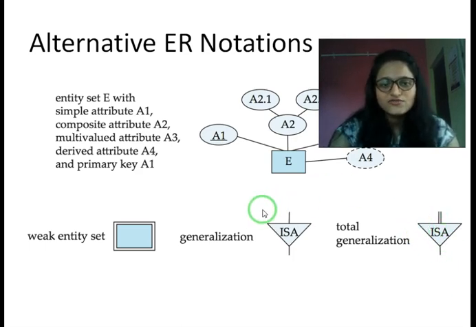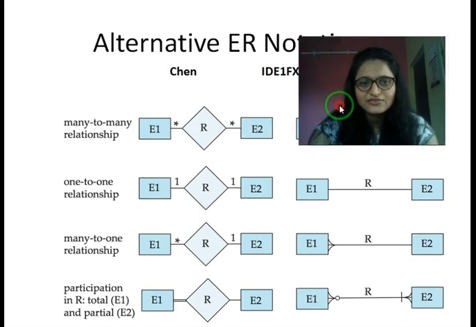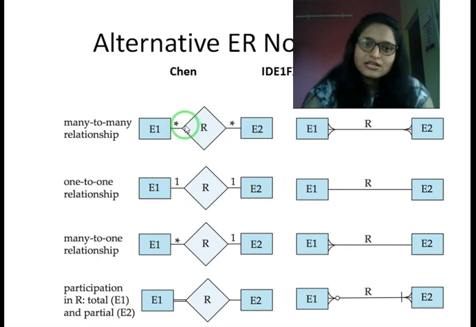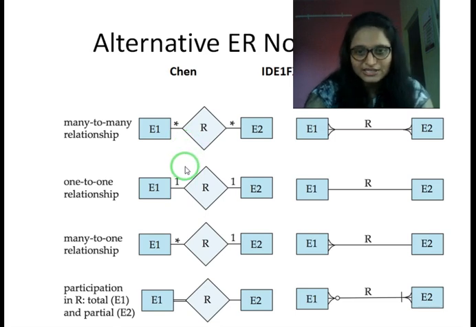So in this way, these are some alternative, extended ER notations. A many to many relationship, in some reference books, is denoted by a star. If there is no arrow, that also indicates many to many relationship.